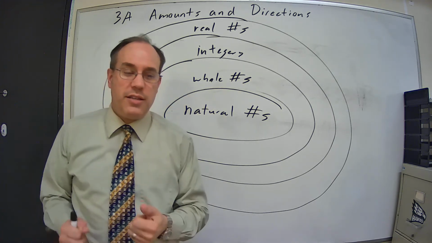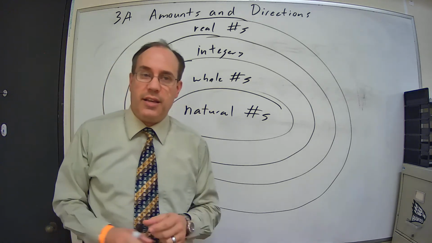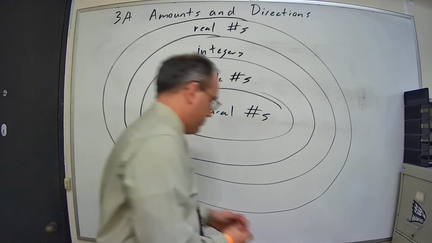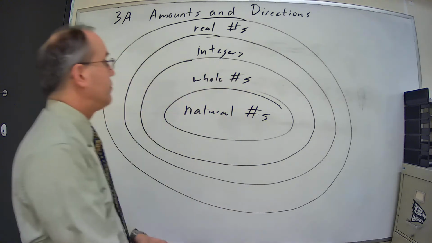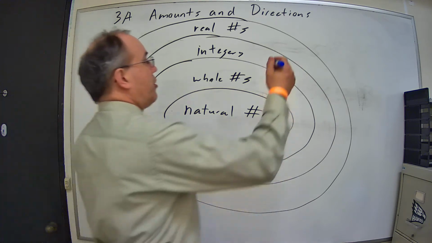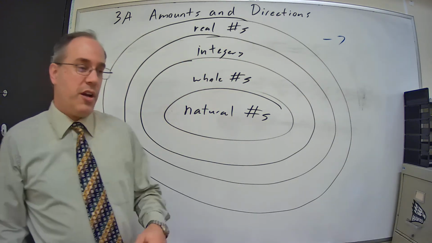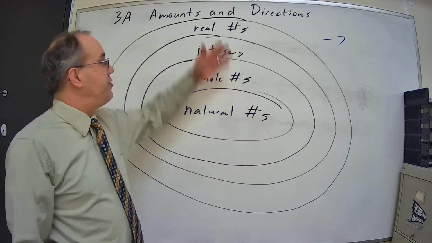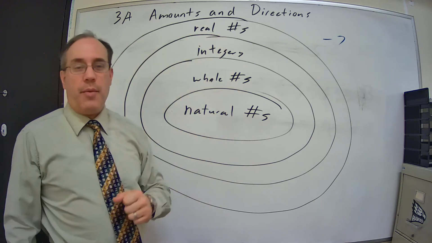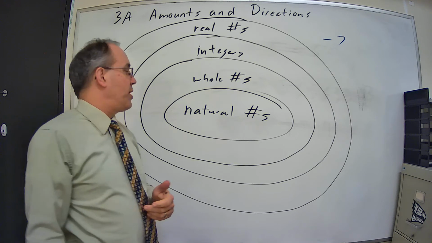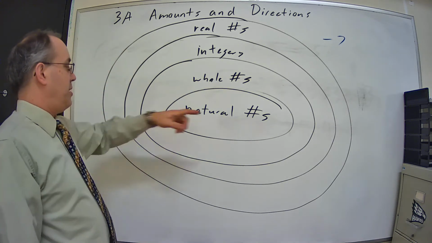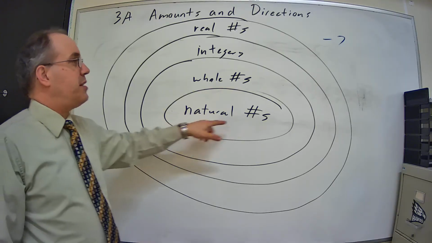So let's see if we can classify some numbers. If I have the number -7, which of these number systems is that part of? Well, we can start from the inside. Is it a natural number?